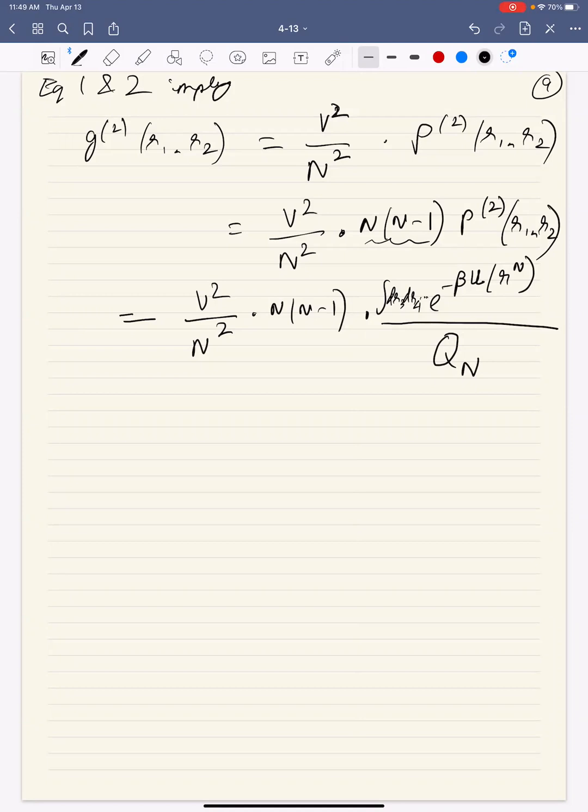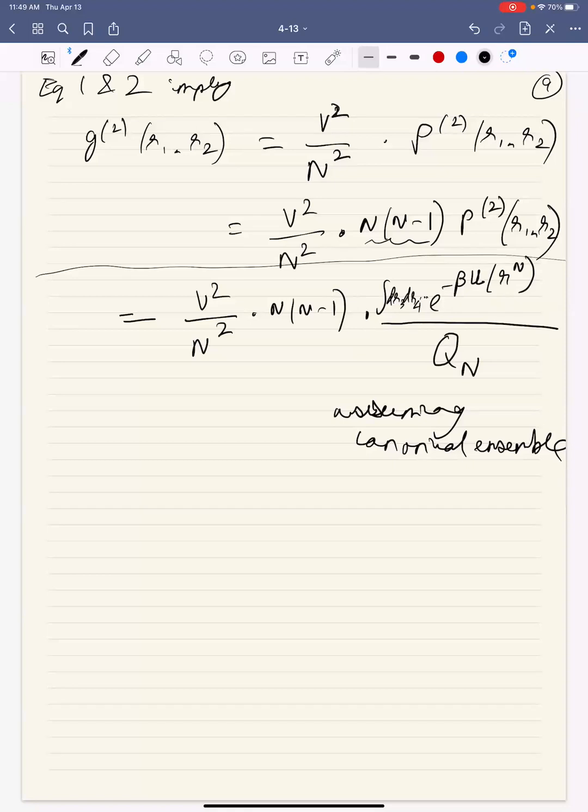Yeah, you're right. Honestly, until this point, we did not assume canonical, right? If you think about till this line, that's why I did not mention. Now we are assuming. So I don't have to feel that bad about myself. Assuming canonical ensemble. Okay, let's go one step further, and so this is G2 of R1, R2. Let's call this equation 3.